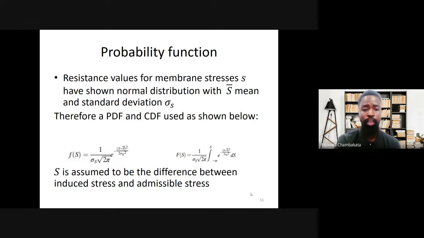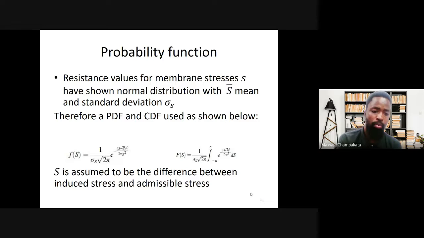We have the probability density function and the cumulative distribution function.